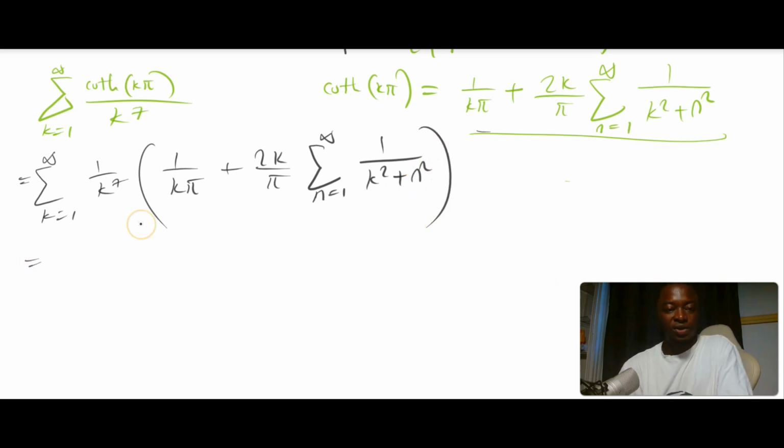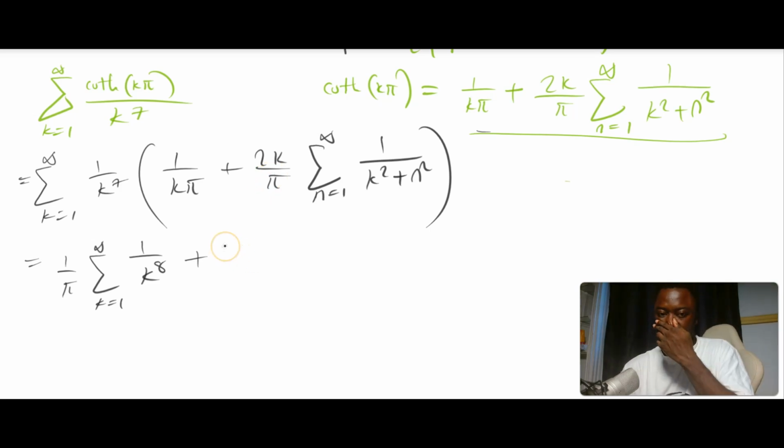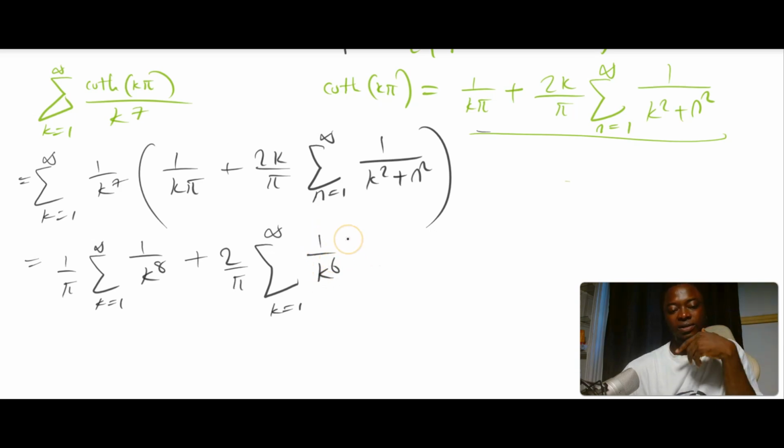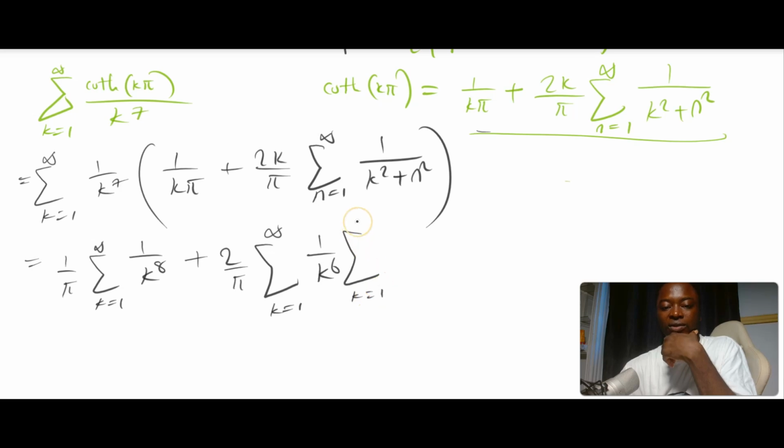And so let's proceed. For the first one, you pull out the pi, you have 1 over pi times the sum as k runs from 1 up until infinity of 1 over k to the 8th power. Then plus 2 over pi times the sum as k runs from 1 to infinity of, one of the k's here cancels out, so you have 1 over k to the 6th power times the sum as n runs from 1 to infinity of 1 over k squared plus n squared.